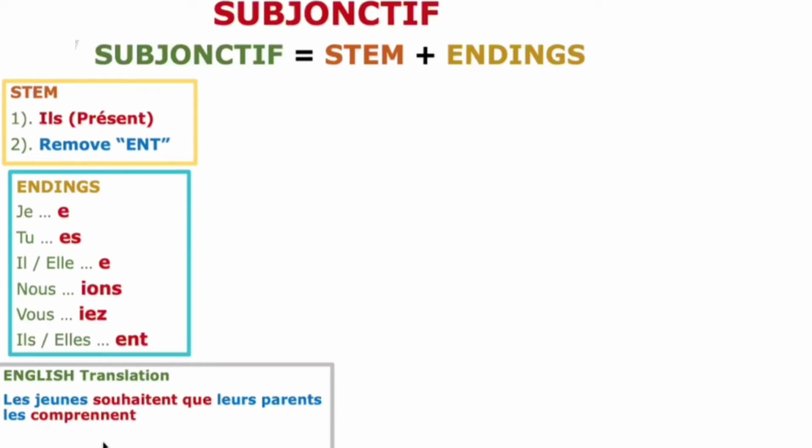And the subjunctive ending is the same as the present tense ending. Why we are using the subjunctive tense, where we have to use it, and what we have to use after the sentence.